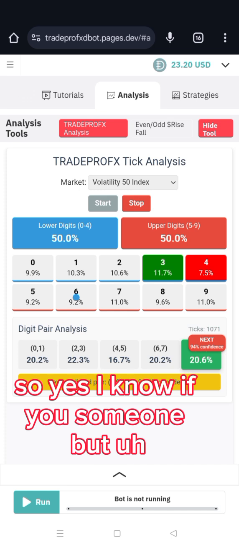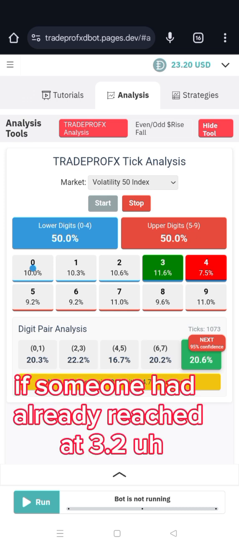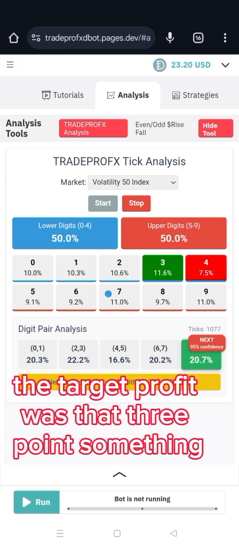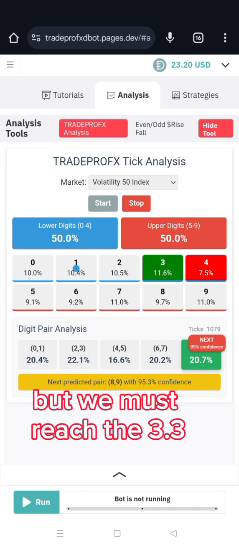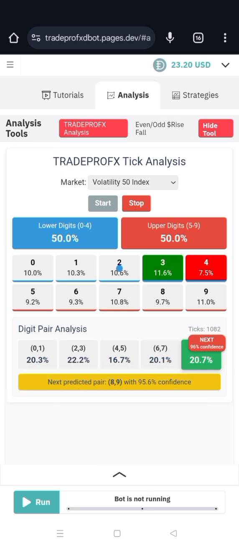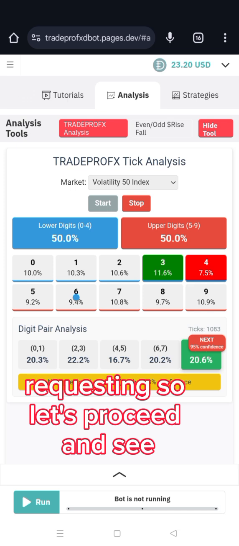Someone who had already reached 3.2 could have exited, because the target profit was 3 point something, but we must reach 3.3, because that's the 16% that the account should be requesting. So let's proceed and see.